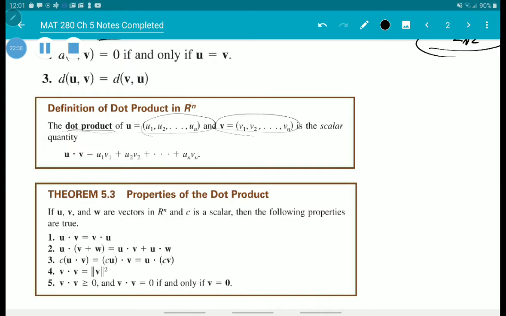What I mean by that is they have to both be in Rn. So we have to have either 2 two-dimensional vectors, 2 three-dimensional vectors, or so on. We cannot mix and match dimensions. They have to be from the same dimension.